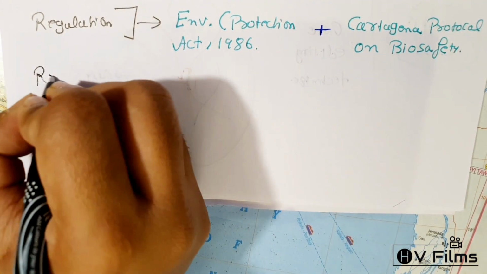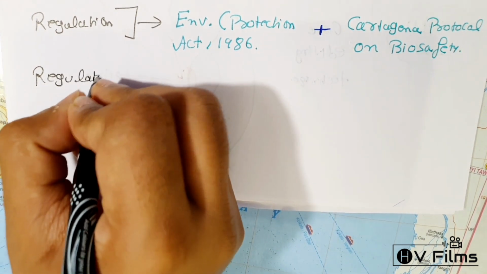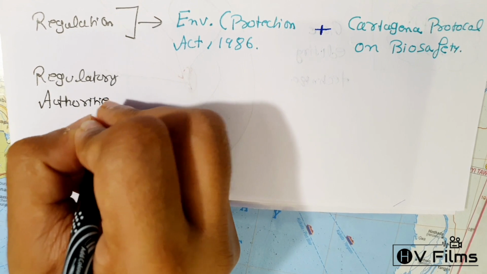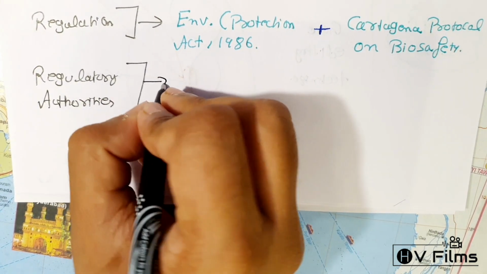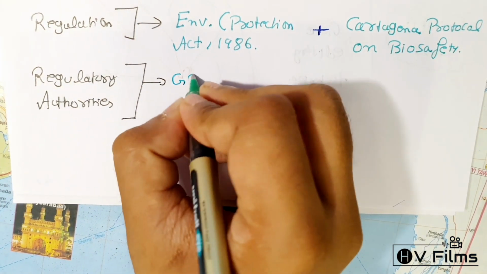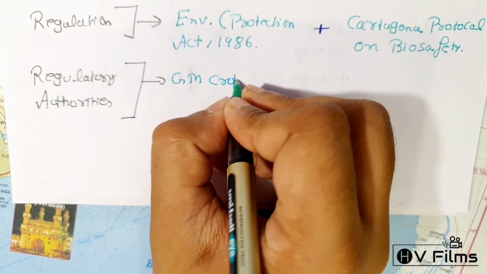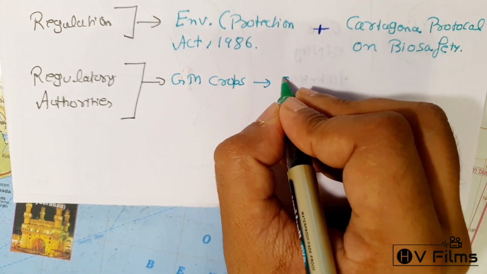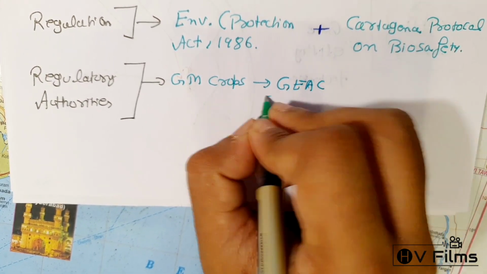So let me write it here. Regulatory authorities. For the GM crop, it is basically the Genetic Engineering Appraisal Committee, GEAC.